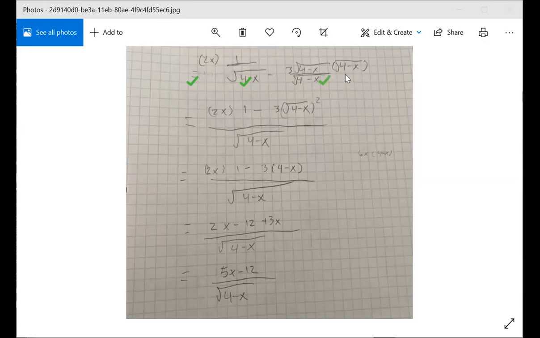He just used a different form: root of 4 minus x divided by root of 4 minus x. That's good. And then with the common denominator, he got that. And this is 1 times 1. You can just remove the 1, but that doesn't affect anything. This is all good.